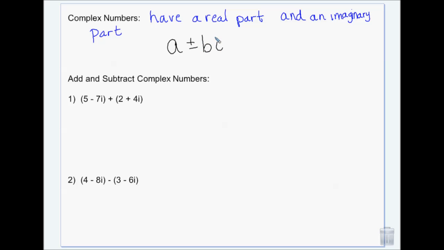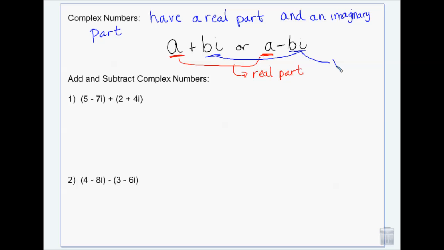So they'll either be A plus BI or A minus BI. Where A, that's the real part. And B, or BI, that's the imaginary part.